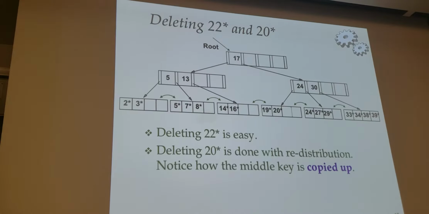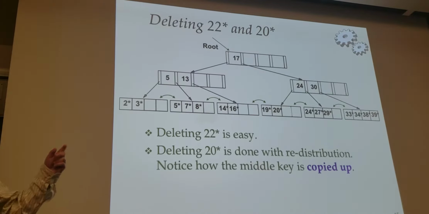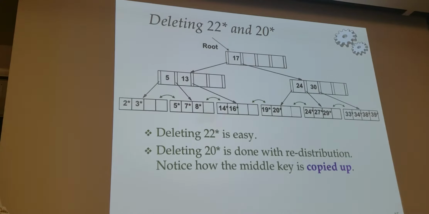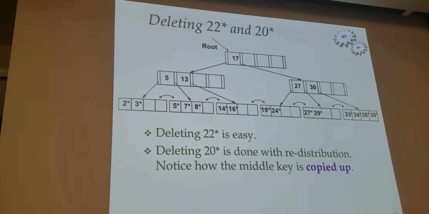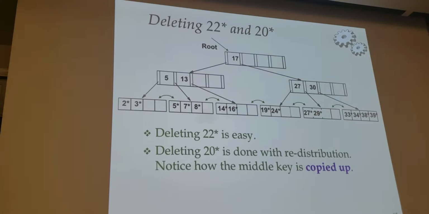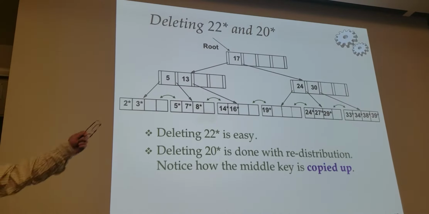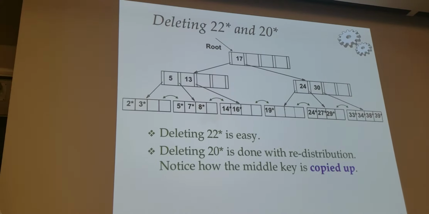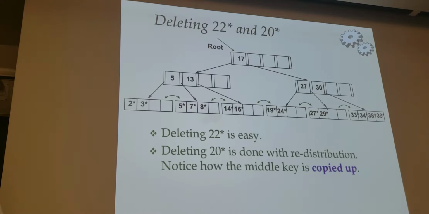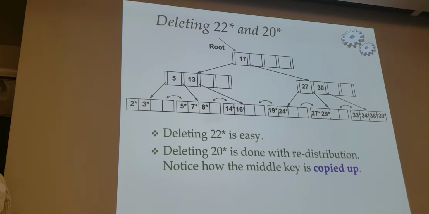Okay, so let's see what happens with the 20. Notice the 20 has a friendly neighborhood sibling. You delete the 20, you can steal from the 24, 27, 29 node. So there goes the 20, and there goes the 24 to the left. But notice, and it's important, the traffic cop up above, it was 24 30, the 24 has to change to be the 27.